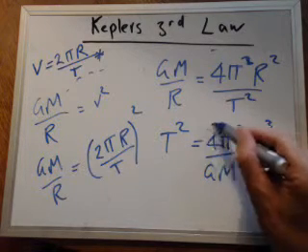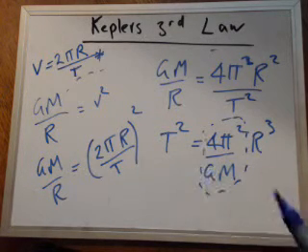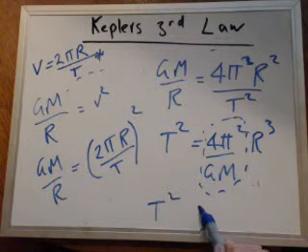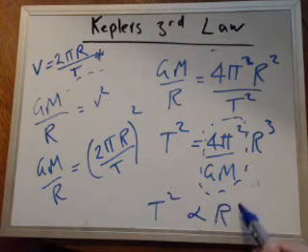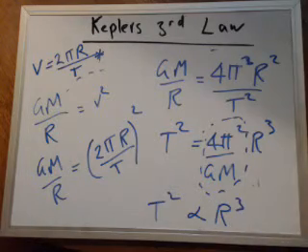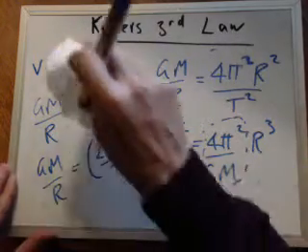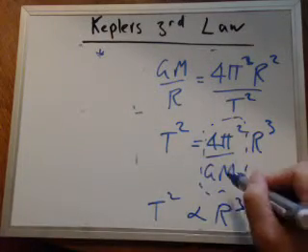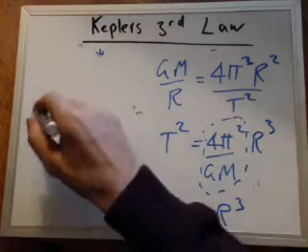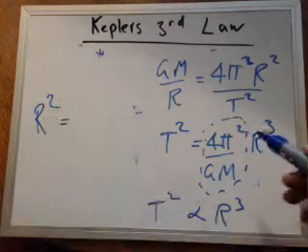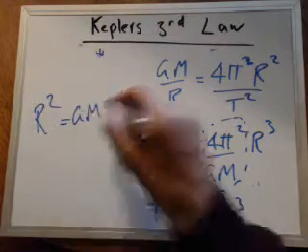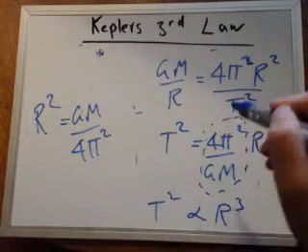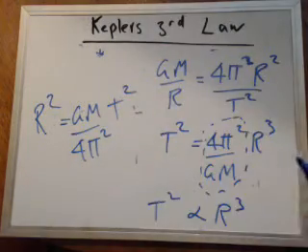And in fact, this here is a constant, so therefore the time period squared is proportional to the radius cubed. Or sometimes you may see it quoted slightly differently, where they write it like this: r cubed is equal to GM over 4 pi squared multiplied by T squared.